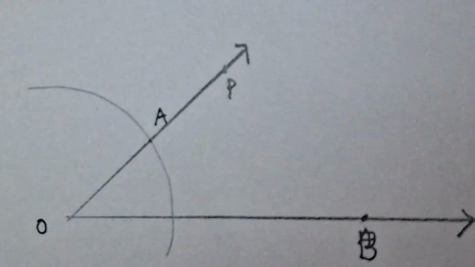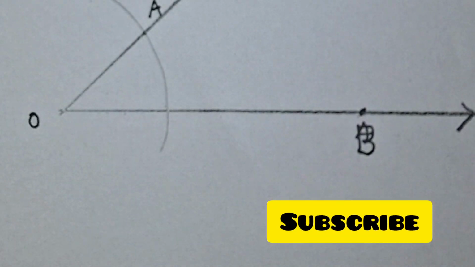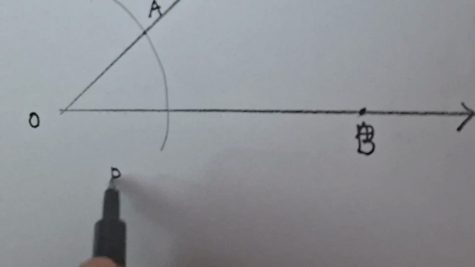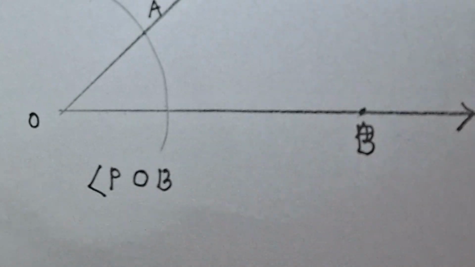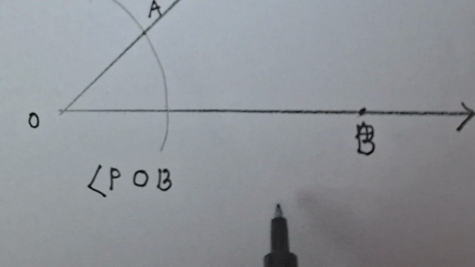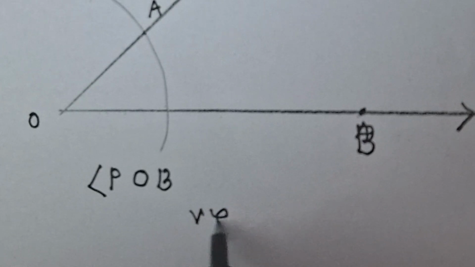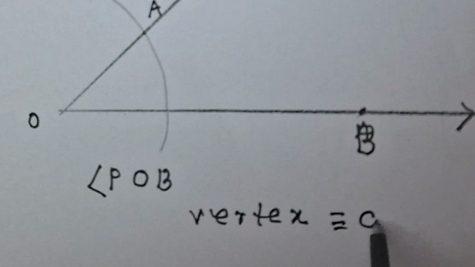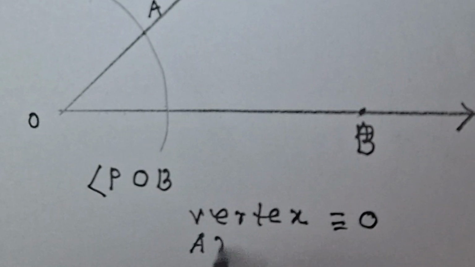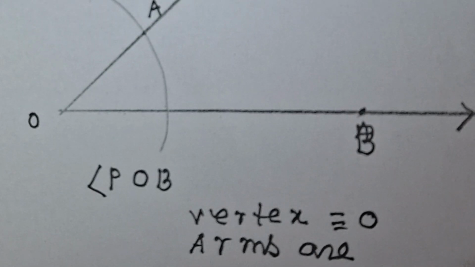Therefore, finally, we get an angle POB, whose vertex is O and two arms are OA and OB.